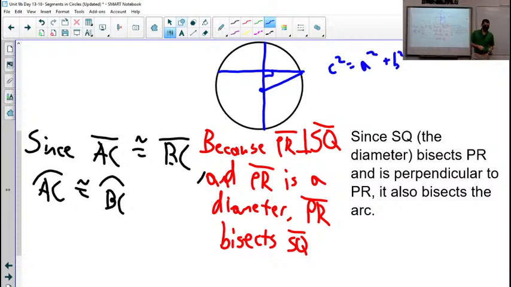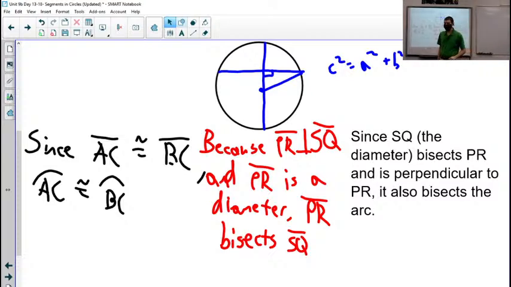On the homework tonight, every problem involves Pythagorean theorem in some way. Some of them you'll have to find the right triangle. Some of them, it just is going to depend on the problem.